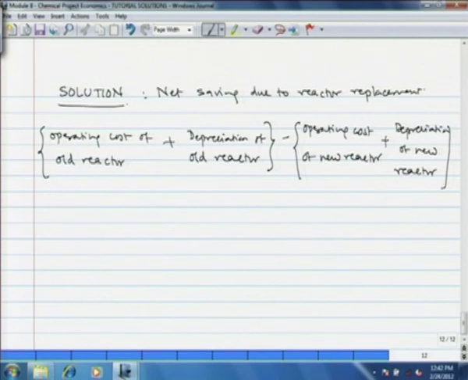The operating cost of old reactor is 2,50,000 plus the depreciation: 15 lakh was the original cost, resale value after 5 years is 5 lakhs, divided by 5. So, this is depreciation that actually occurred over 5 years of service period.